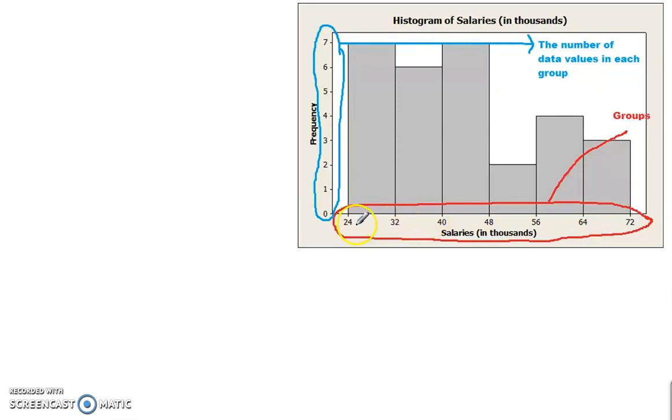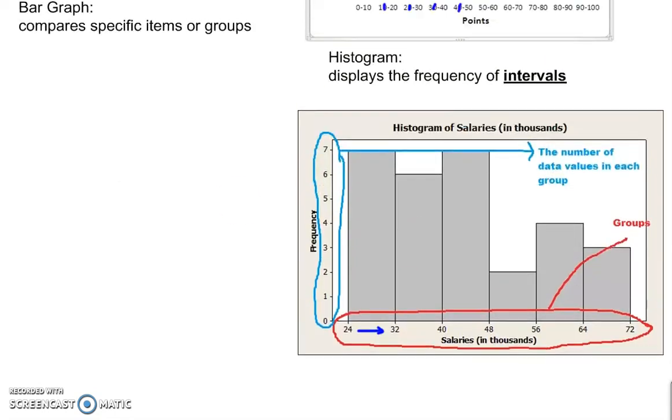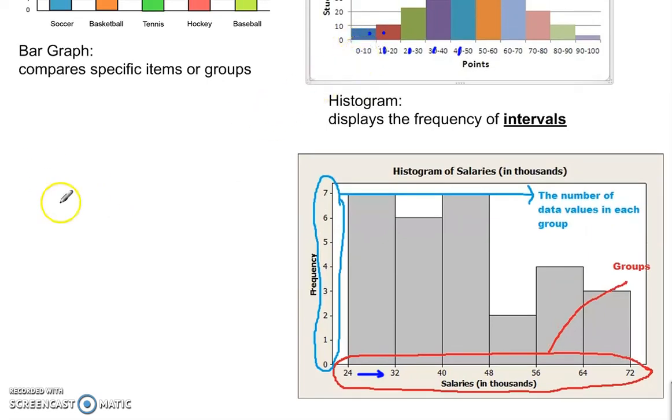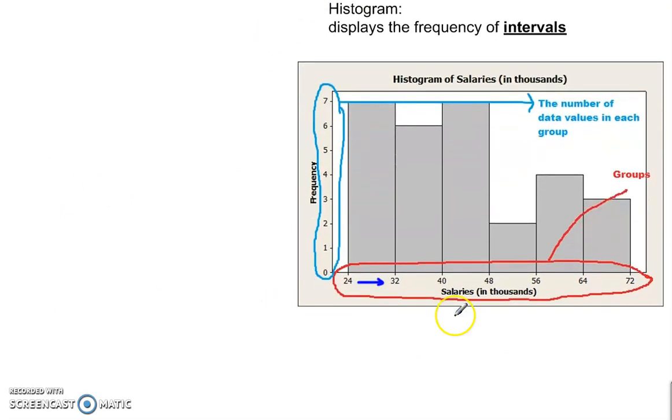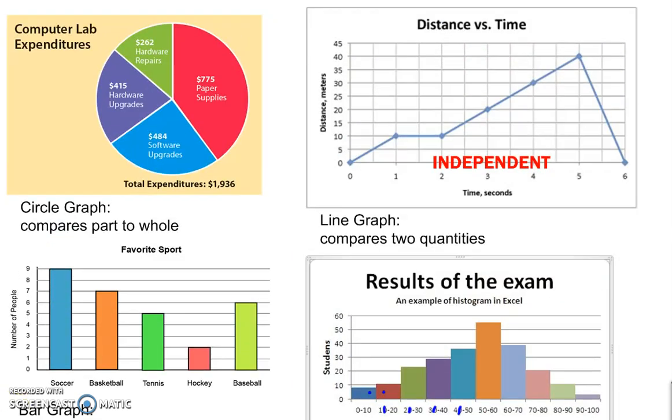So this is still an interval from 24 to 32. So don't be confused if they haven't listed the interval the way it is up here. So down here we have our groups, from 24 to 32 is the interval. That's for the histogram. And that's all we have for today.